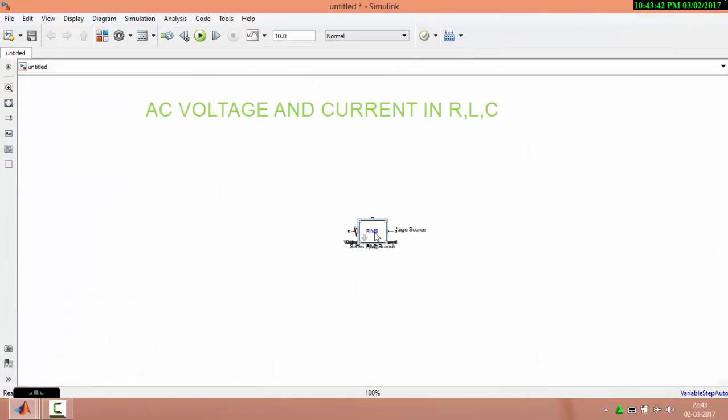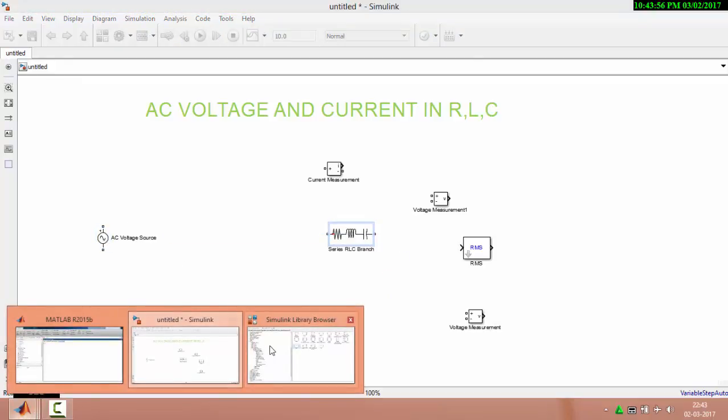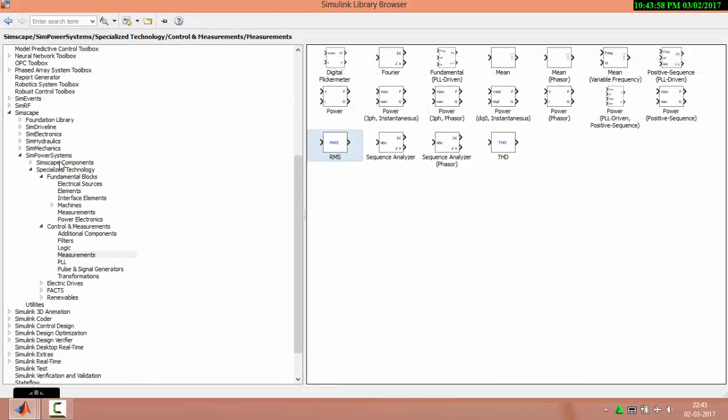Now let us go to our circuit. The other thing we have forgotten is power gain.